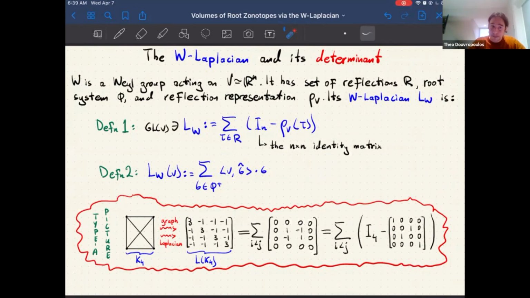They're both important. So in the first one, I want to determine a linear transformation that's given the following way. For all of the reflections of my group, I take the identity matrix minus the matrix that corresponds to that reflection. So this rho v is the standard reflection representation.